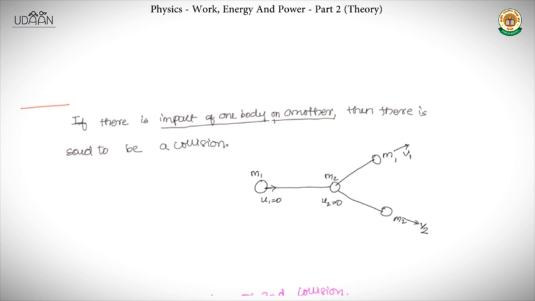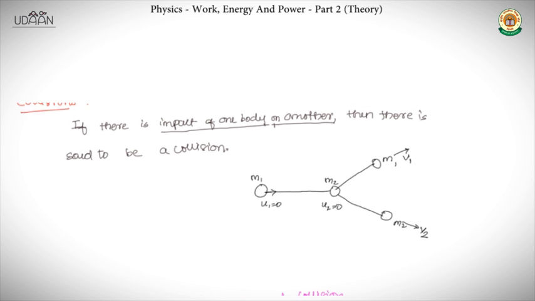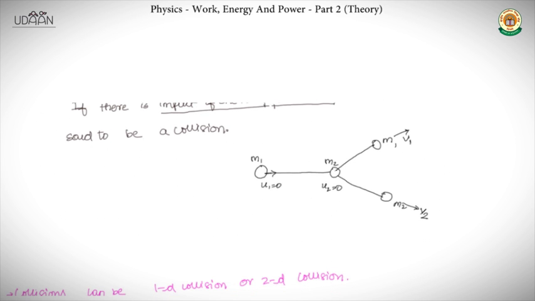The first particle comes in contact with the second particle, and both particles move in different directions compared to their initial positions. This is called a collision. In physics terms, if there is an impact of one body on another, there is said to be a collision.